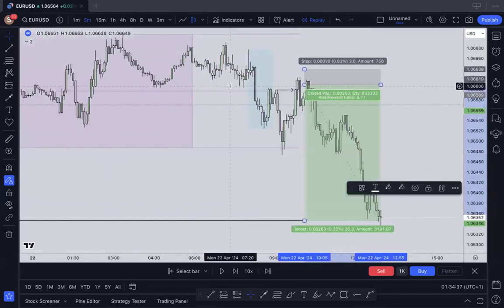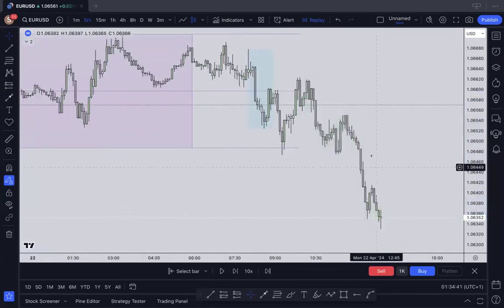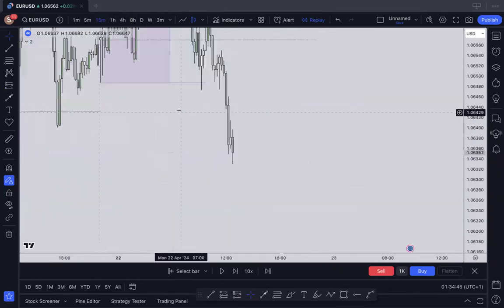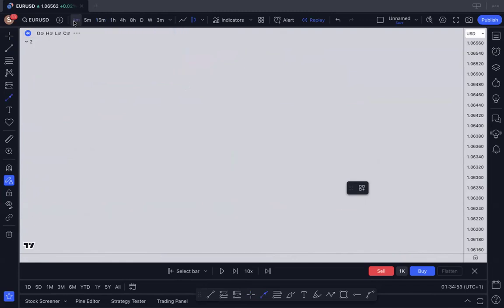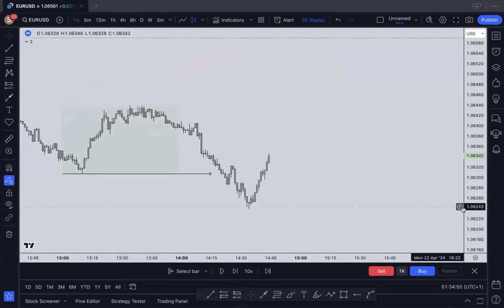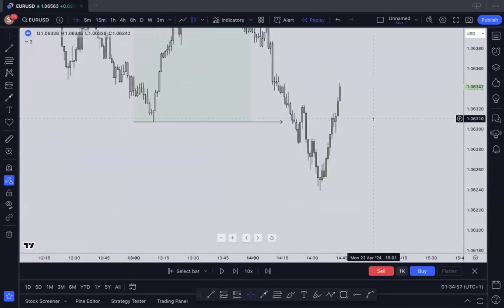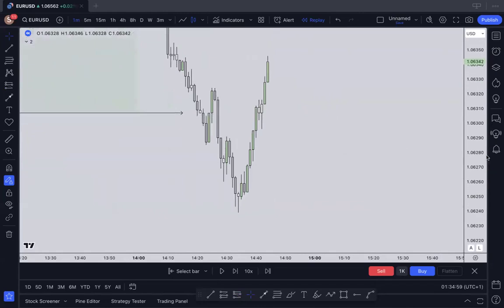Okay, so now if we have a look at another example, the price here, we come and take out this liquidity candle here. We then go down a time frame to the 1 minute.